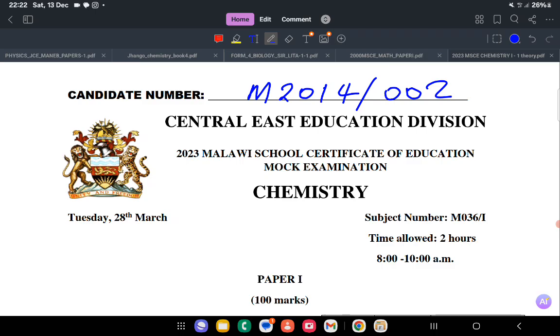Take note that the subject is chemistry. The subject code for MSCE chemistry is M036-1. This is paper 1. Remember, M stands for MSCE.